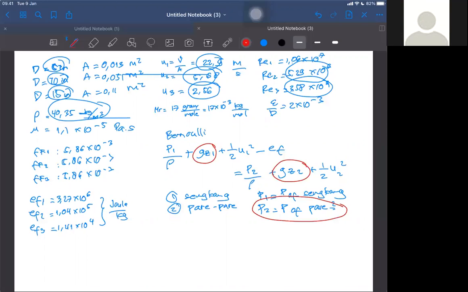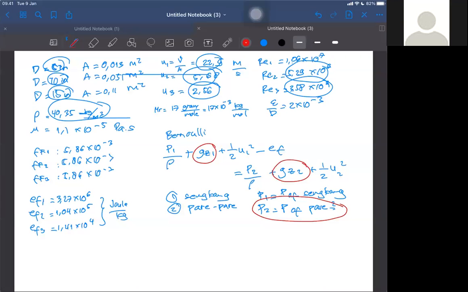If you put GZ2 into the left side, sir, it will be 300 multiplied by G, since what's given is the difference. Yes. The consensus is one is Sengkang, two is Parepare. So, how much is the value of Z1 and Z2?